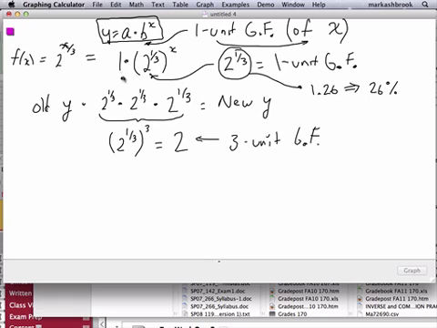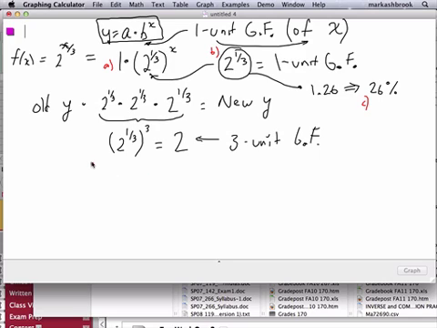So the answers are all over the place here. So here is our part A, initial value is 1. The 1 unit growth factor is 2 to the 1/3, that's B. Here's part B. This is part C, right? The 4 unit growth factor.